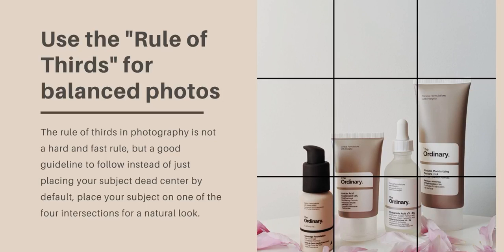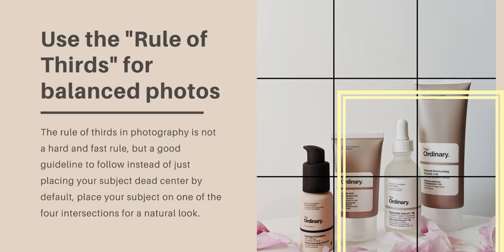So the first tip is going to be the rule of thirds to balance your photos. I've put this animated square so that y'all can get a better idea of what 4 squares means. So the rule of thirds is that we cut a picture into thirds and we don't want things to be placed directly in the middle.